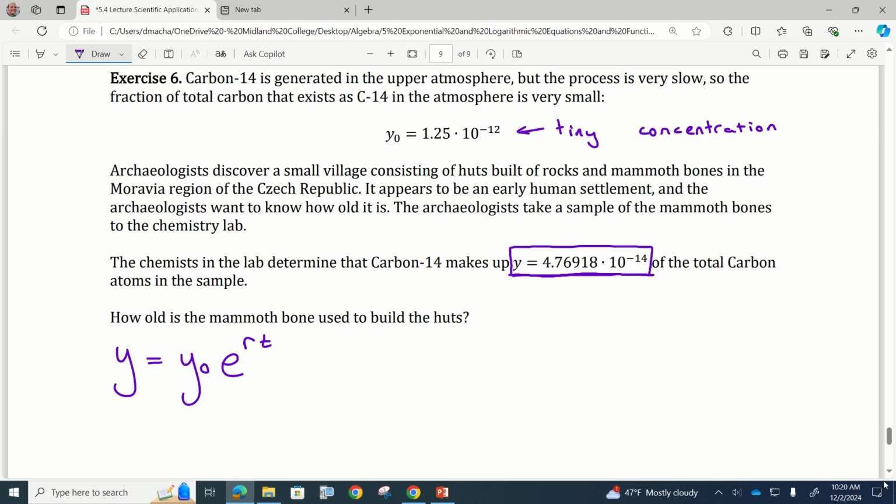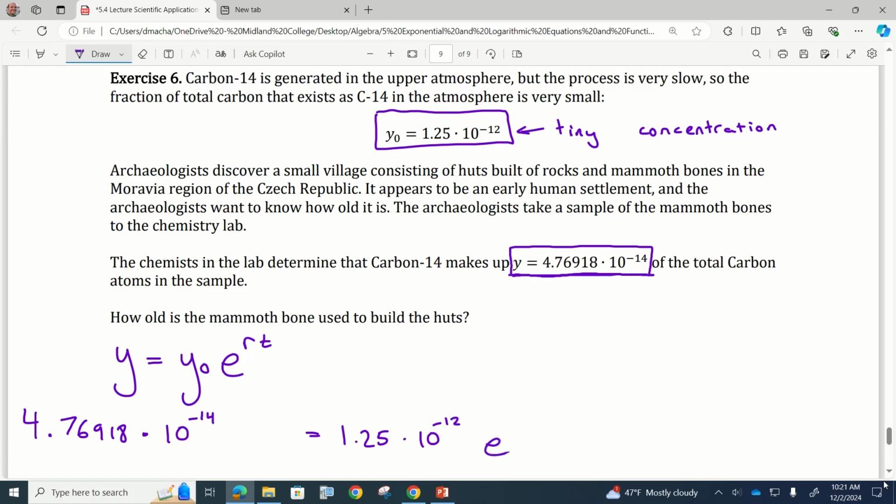This is y, 4.76918 times 10 to the power negative 14. And this is your initial concentration, 1.25 times 10 to the negative 12 times e to the power rt.